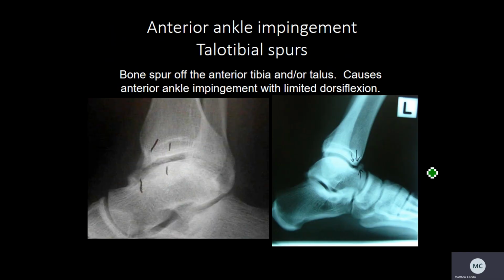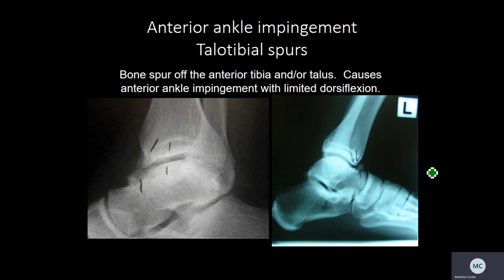This is anterior ankle impingement and tibial-talar spurring. You may see this as well. Take a look at both radiographs. What we see is that the distal tibia has crashed into that talus so much that it's actually created some spurring. So we're going to see our patient present with very limited dorsiflexion, and think about what sort of end feel you're going to have here.